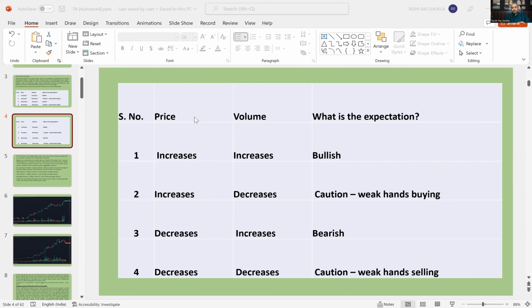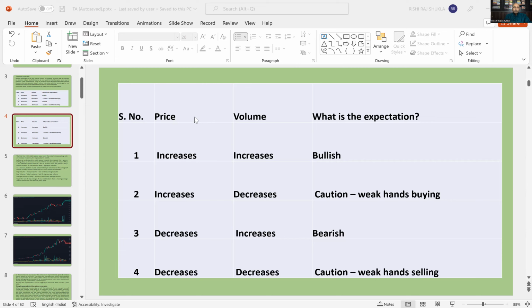Now comes the third: price decrease but increase in volume. That means there is a trend. Why? How? If price decreases but volume increases significantly, more than average, that means smart money is exiting that very script. Only if smart money is exiting would the volume have increased.